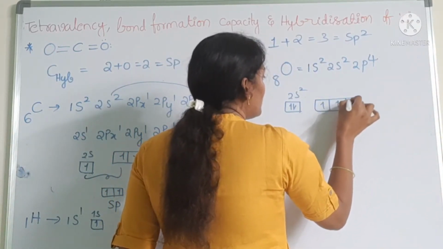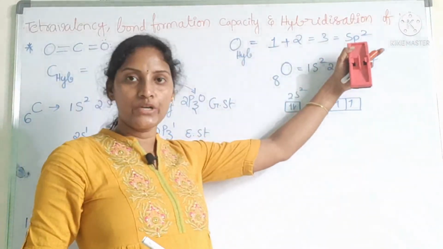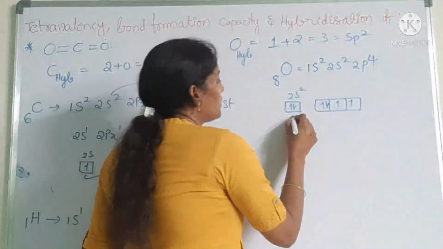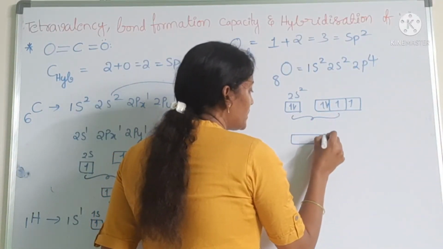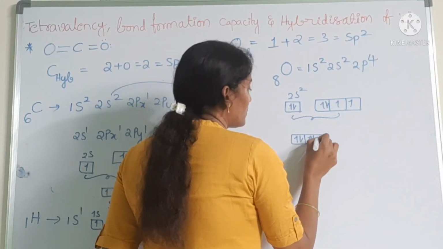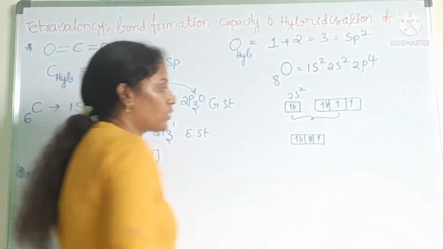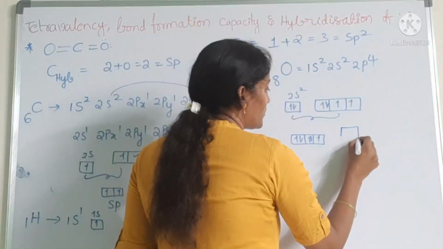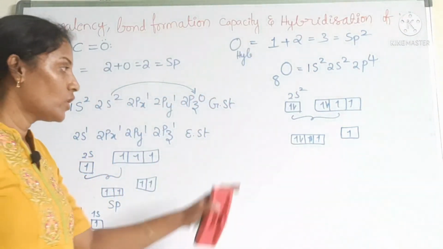This is the 2p4. See here, oxygen undergoes sp2 hybridization, so the s and 2p will redistribute with each other. They form 3 sp2 hybrid orbitals, which possess equal energy. This is the unhybridized p orbital present in oxygen.